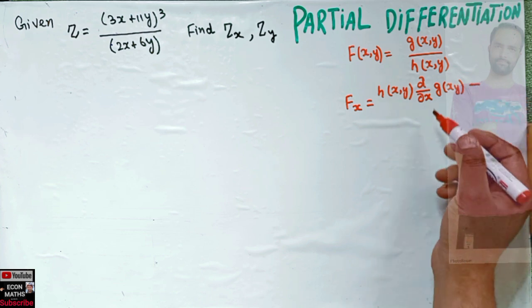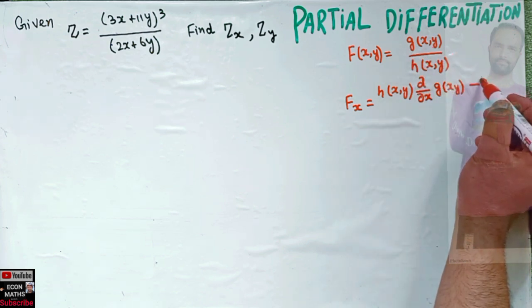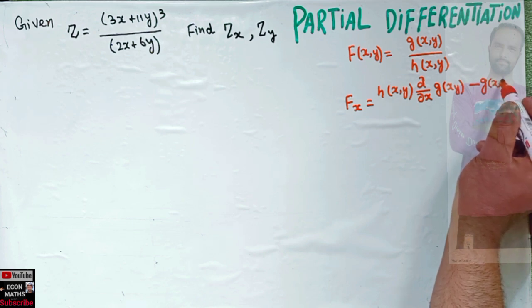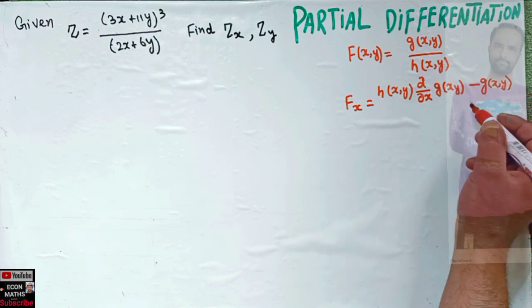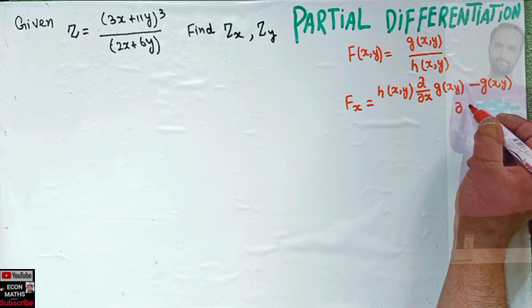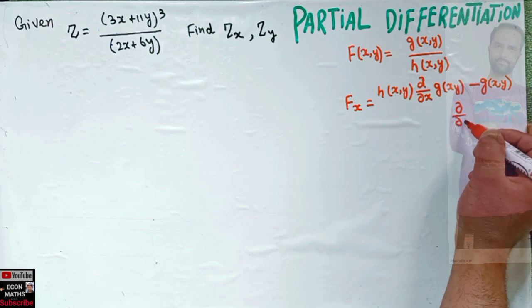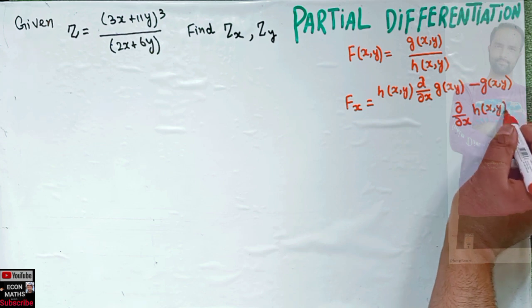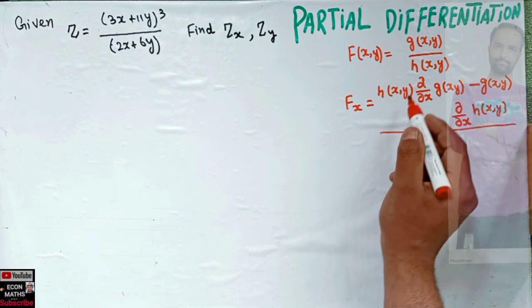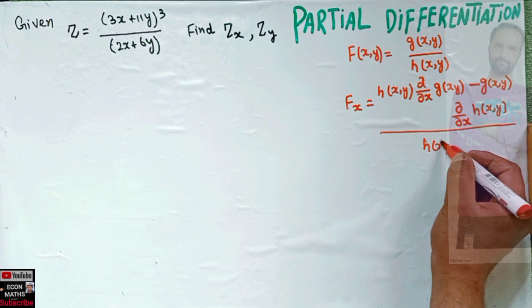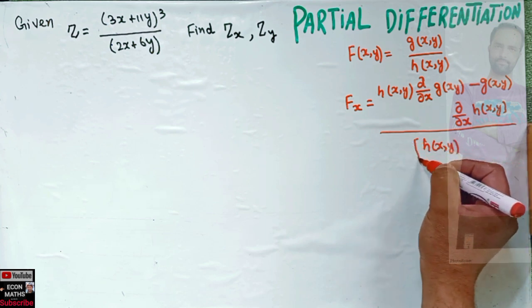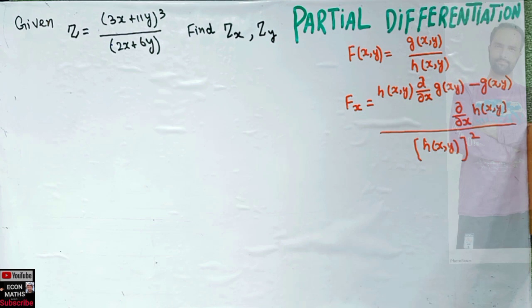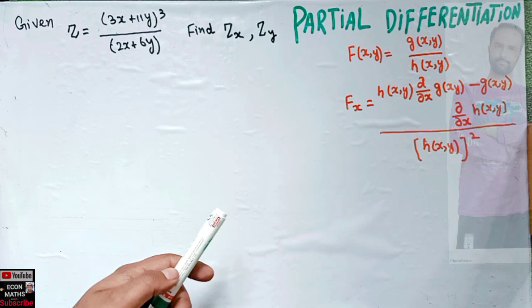Then we subtract and write this gxy as it is, and then we take the partial derivative with respect to x again of this function, that is h xy, and to this we divide by this h xy whole square. This is the quotient rule that we need to apply. So you will get this idea here.